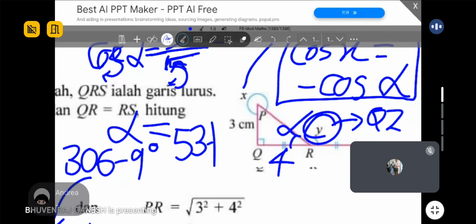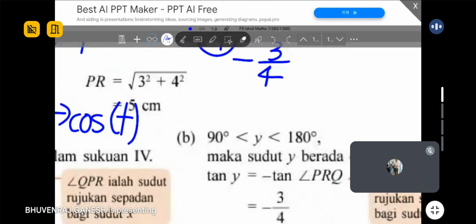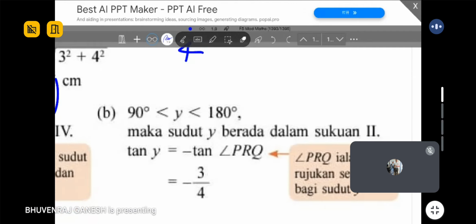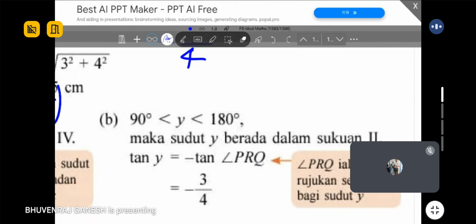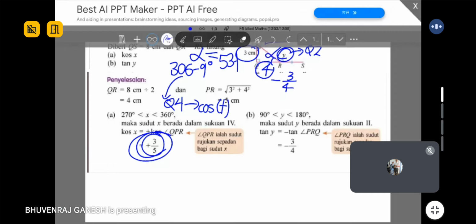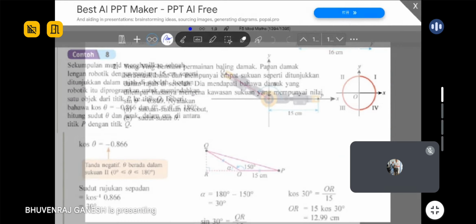You should get negative. Tangent adalah bertentangan bahagi bersebelahan. So opposite over adjacent. Clear guys? Boleh dapat? So this will be your answer. Negative 3/4. Any problem guys? To understand this one? Should be no problem, right? If no problem, we move on to the next question.